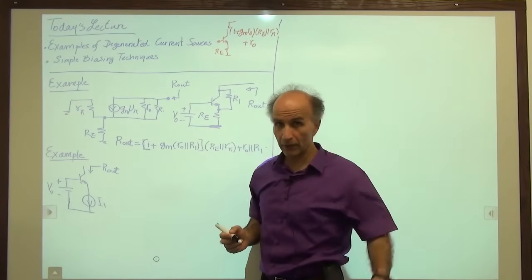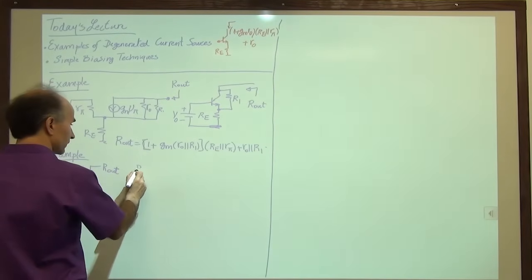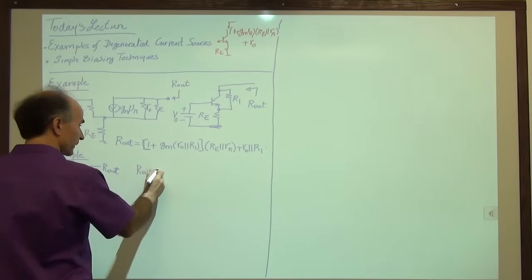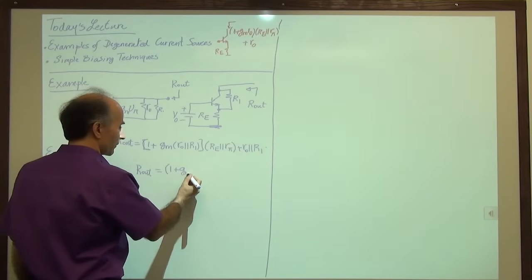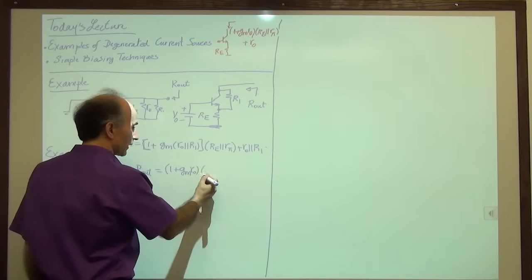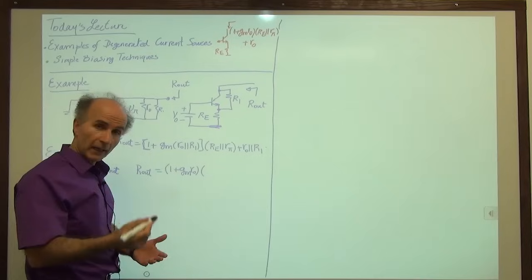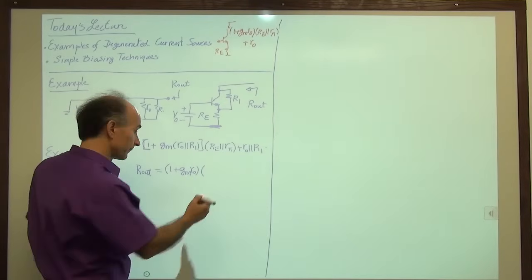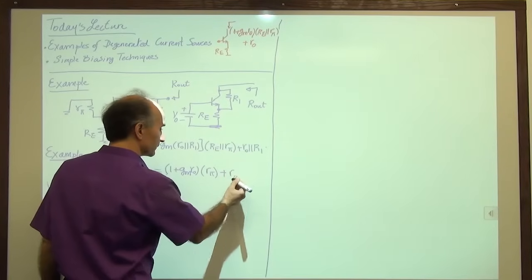Again, we don't need to draw the small signal model. So we say R out is equal to 1 plus GM RO times RE is infinite. Infinity in parallel with R pi just gives us R pi. So we have R pi, and then we have RO.